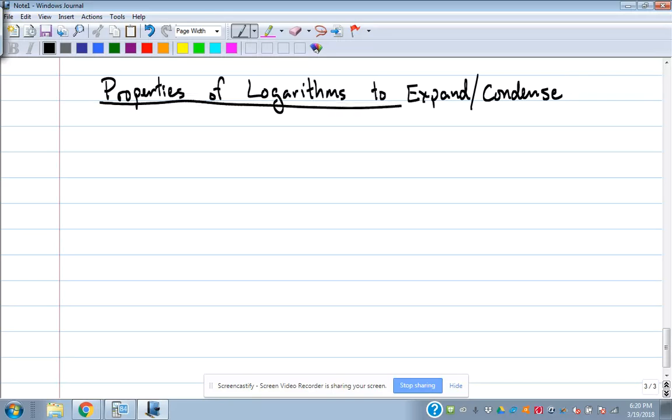Expand means stretch it out. Condense means put it as one problem. Okay, this is what you were asking about on the expanding and condensing part of logarithms. So let's go over those properties real quick.